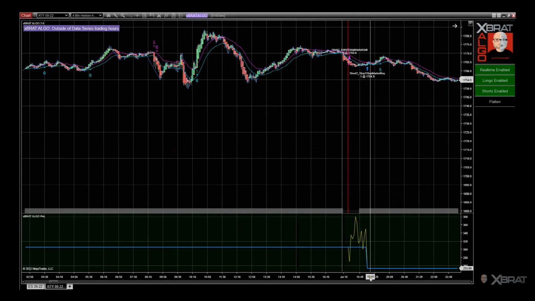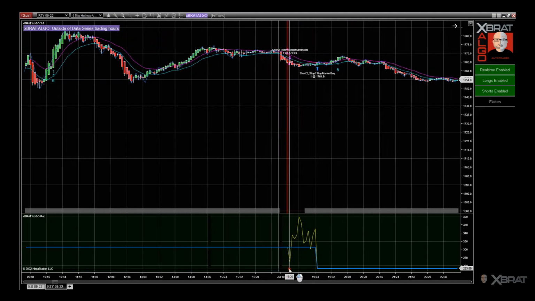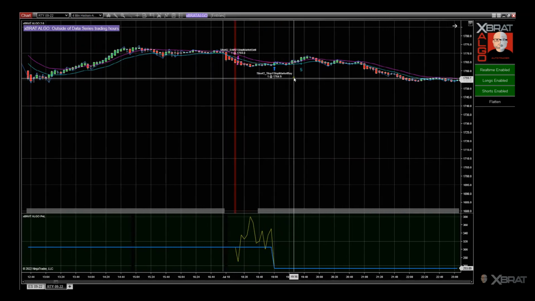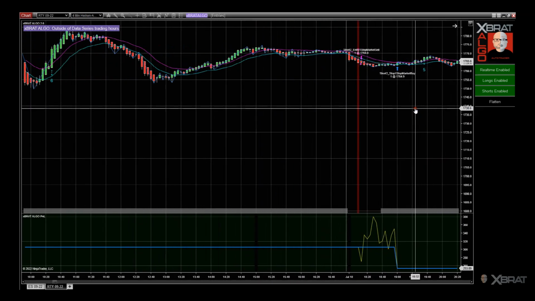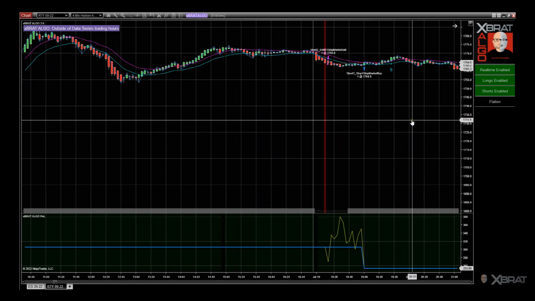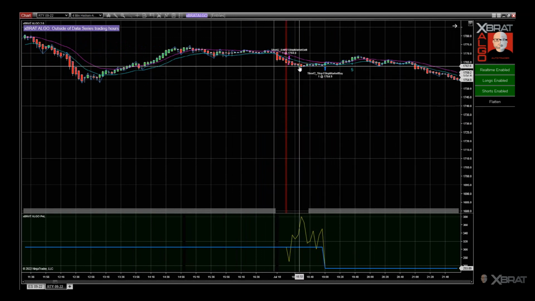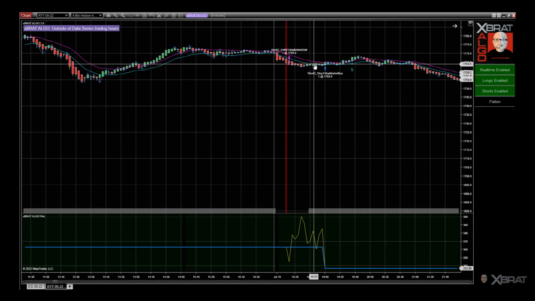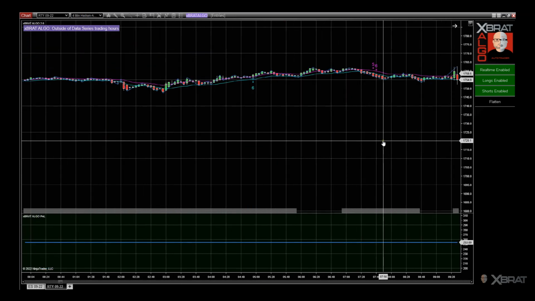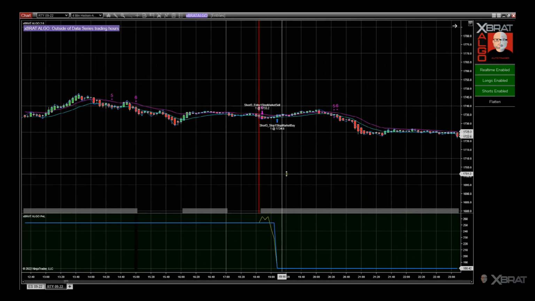So this short didn't make it. This was a Sunday night, I think. Didn't really get going. Took out a trading stop, almost break even. A tighter trading stop would have worked out a little bit better there.